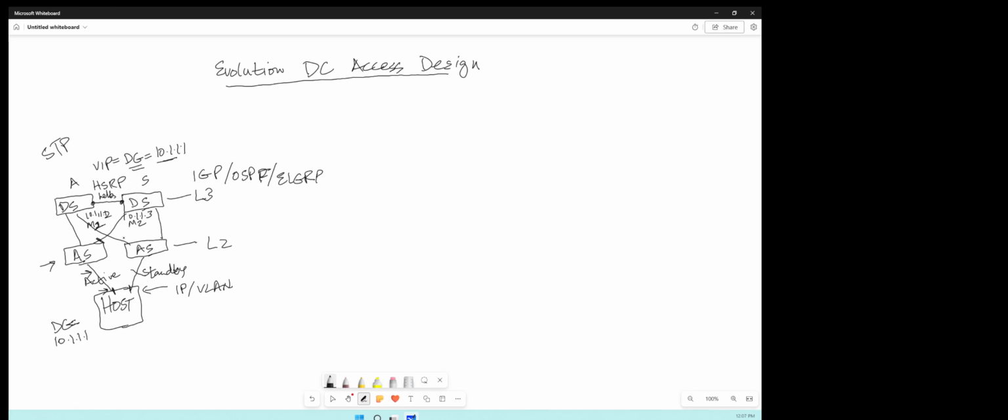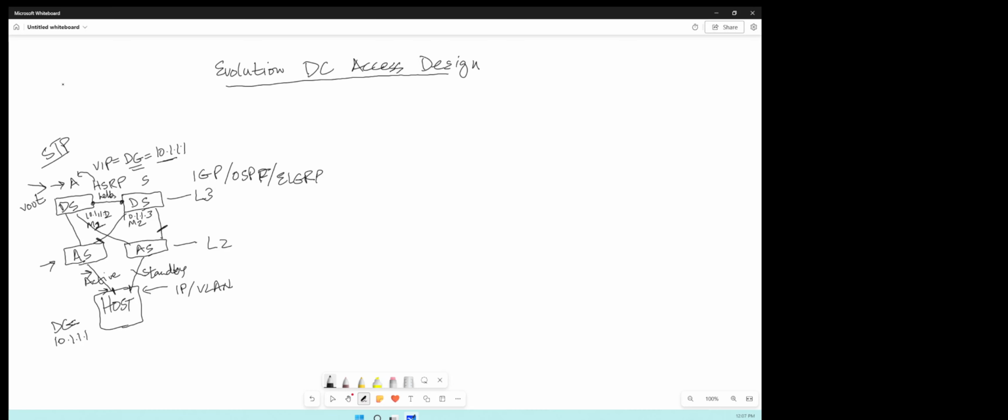So you would block your standby for that VLAN. From an STP perspective, this active L3 switch would be your root for the VLANs, and it is also active for HSRP.